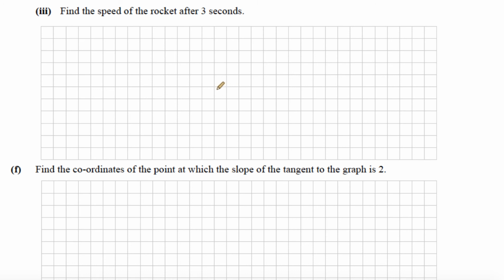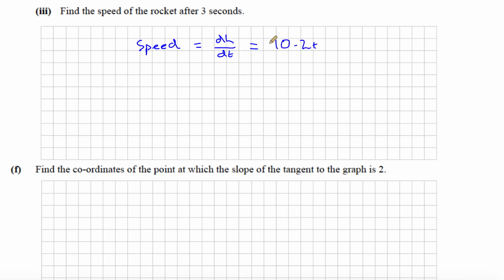Part 3 then says find the speed of the rocket after 3 seconds. So speed. Now, we know that speed is the rate at which distance changes with respect to time. So the speed is actually dh/dt. And we know that dh/dt is equal to, from the previous part, 10 minus 2t.